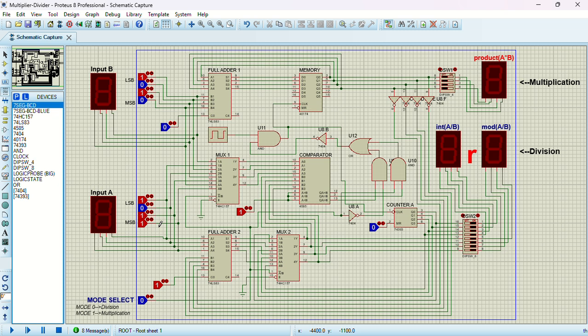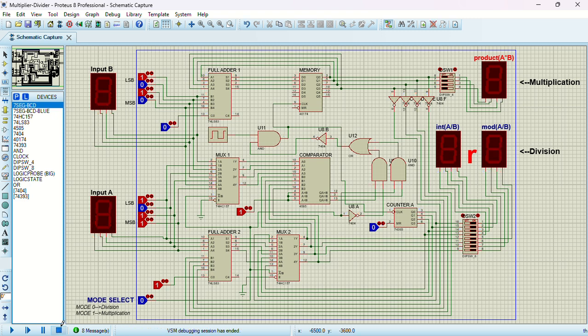Yeah, I think it has to be dx. So 13 divided by 0101, I'm gonna get something like, 13 divided by 5, we know the answer, 2 remainder 3, right? And as you can see, we have 2 remainder 3 here.